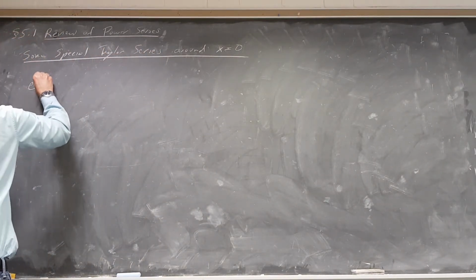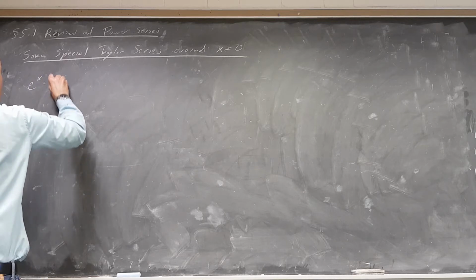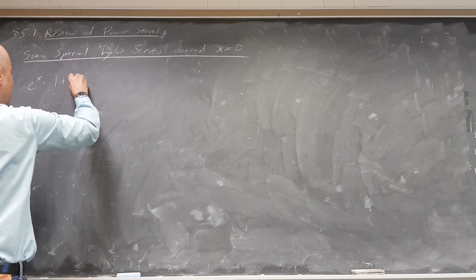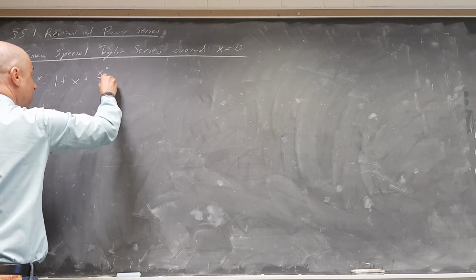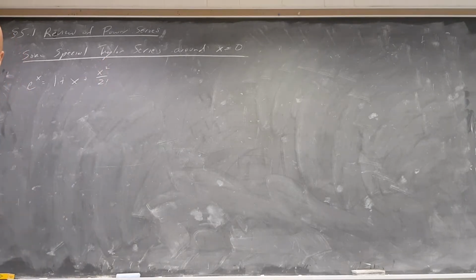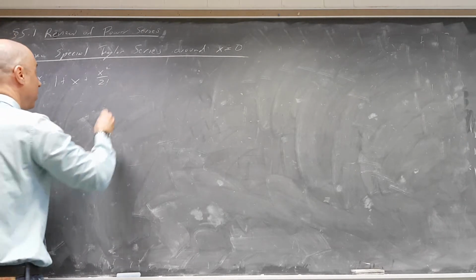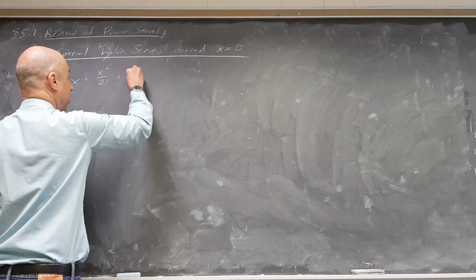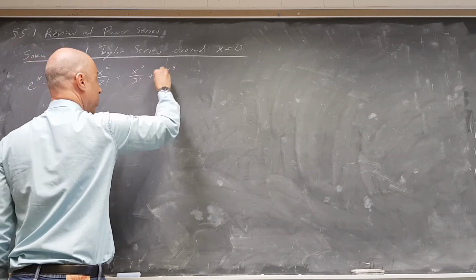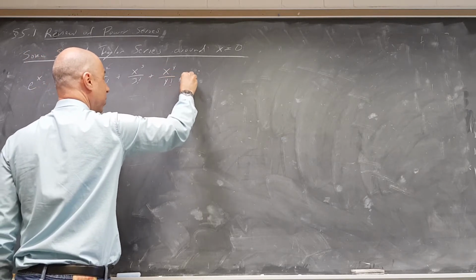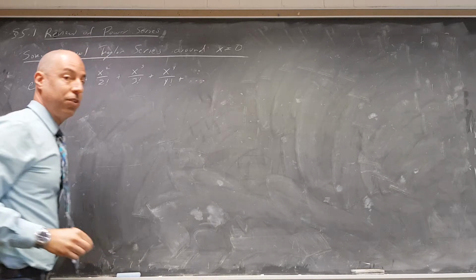So e to the x is 1 plus x plus x squared over 2 factorial, or you can write 1 over 2 factorial times the x squared, plus x cubed over 3 factorial plus x to the 4th over 4 factorial plus forever.